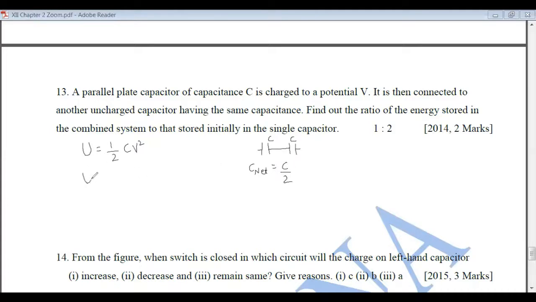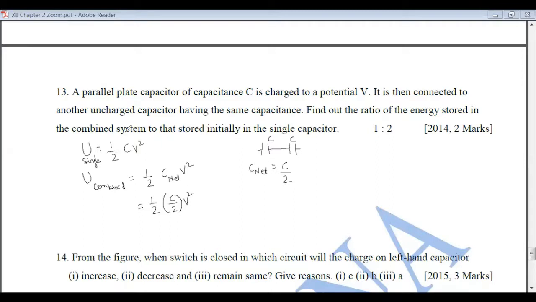Now for the combined system, when these two are connected in series, the energy stored will be equal to half the net capacitance into V square. Okay, it is connected to the same source, so V is the same. So half C net is C by 2 into V square.